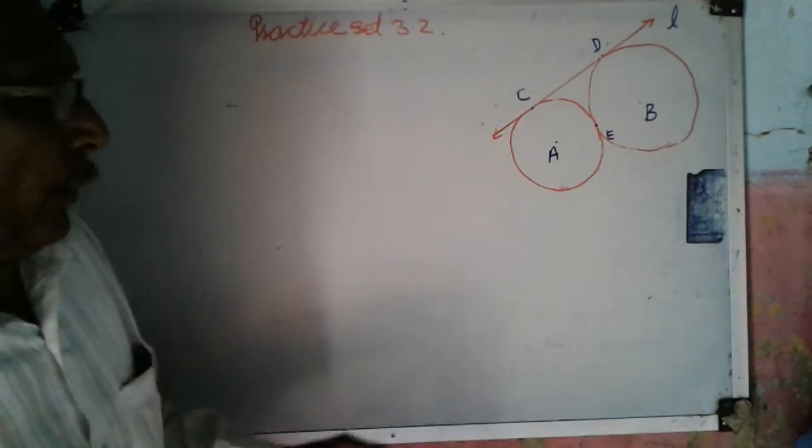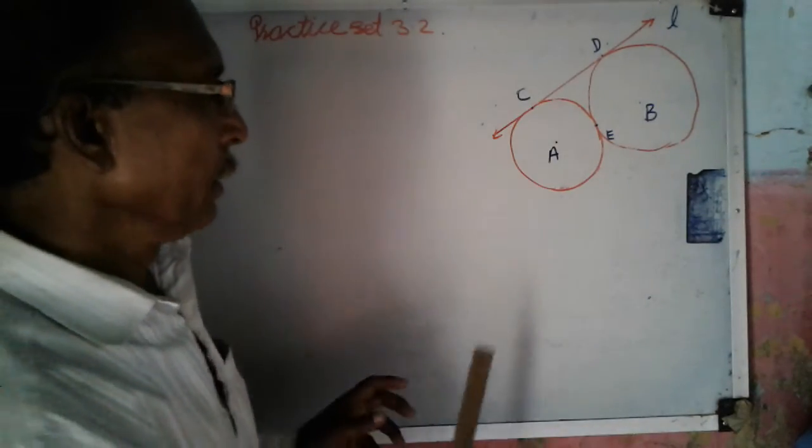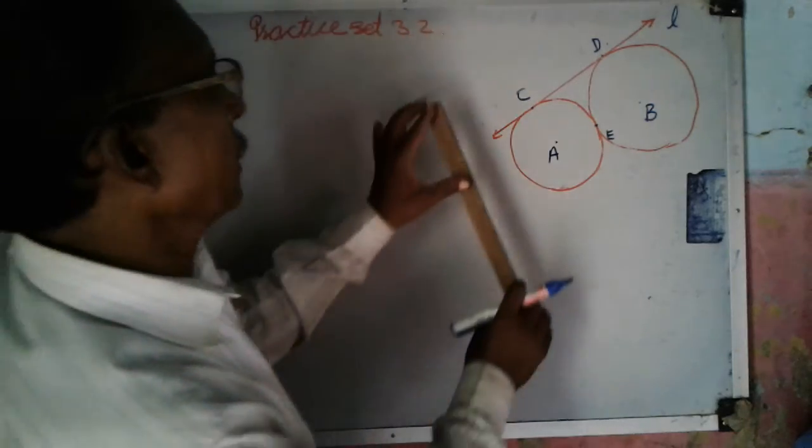Now to solve this, we will draw the radii of both the circles and we will join the centers of the circles.